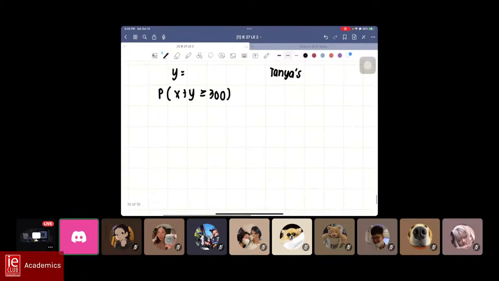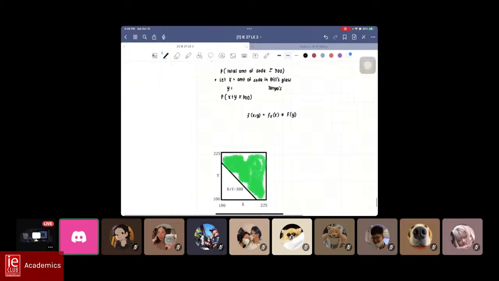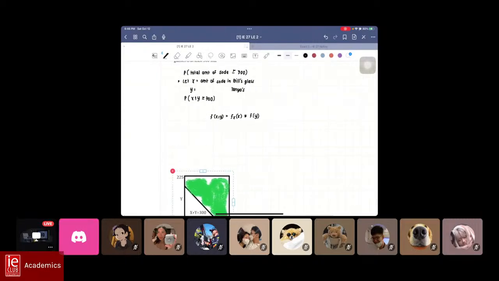And then since this is a joint probability distribution, we need to solve for f of x, y. And we know the amount of soda that they put in their glasses are independent of each other. This would just be equal to f of x times f of y.